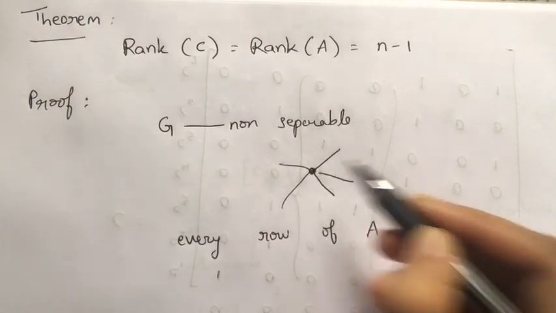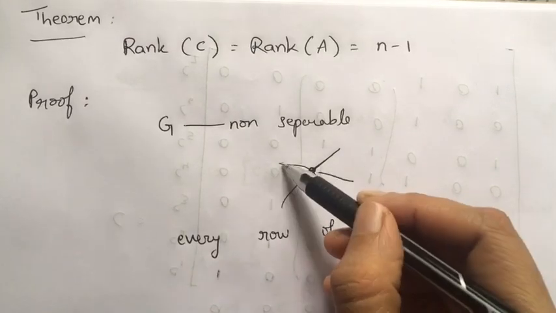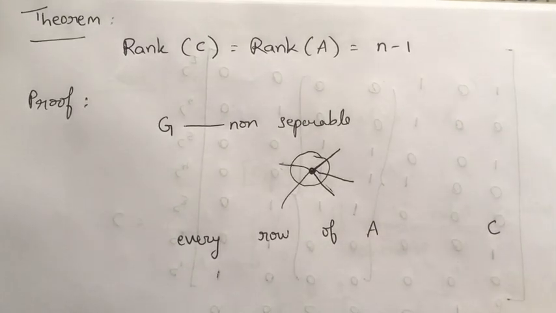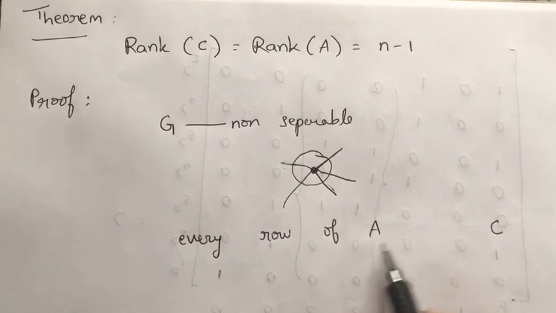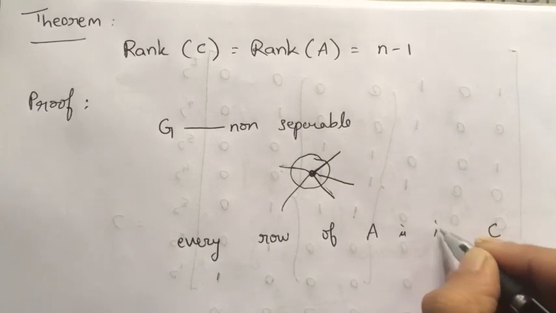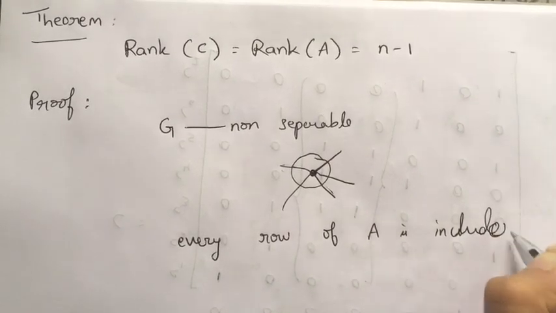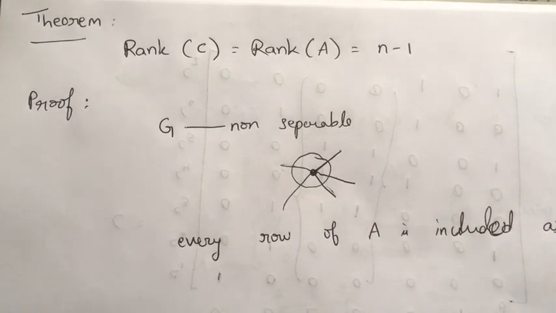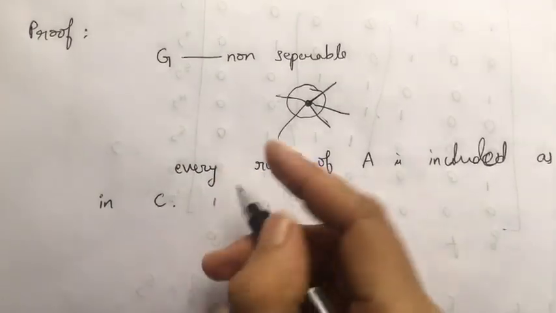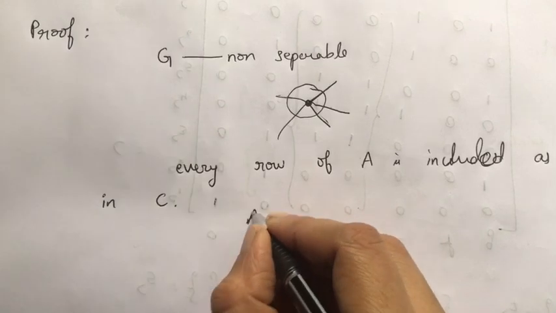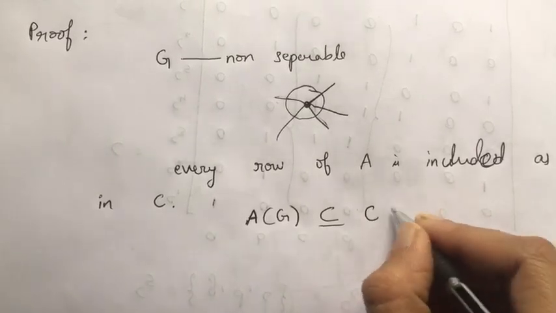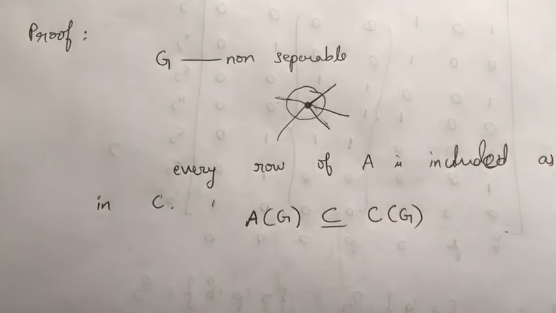Because when I consider the incidence matrix, all the edges incident on a particular vertex form a cutset. So every row of the incidence matrix A of G is included as a row in C. Therefore, the incidence matrix A of graph G is contained in the cutset matrix of the graph.